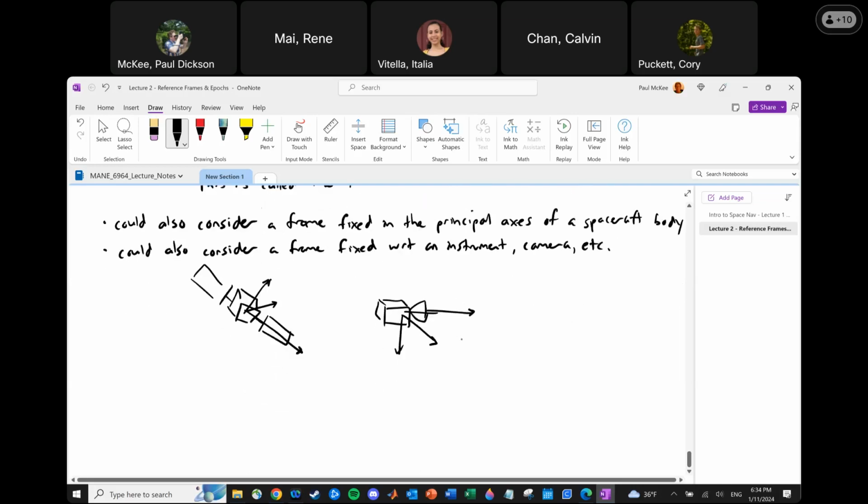So you can imagine a reference frame fixed in the spacecraft body, fixed in an instrument, fixed in the Earth, fixed in the moon. So then to list the frames we've discussed today, somebody shout them out. What have we heard so far? The moon-centered, moon-fixed, yep. Earth-centered, Earth-fixed, yep.